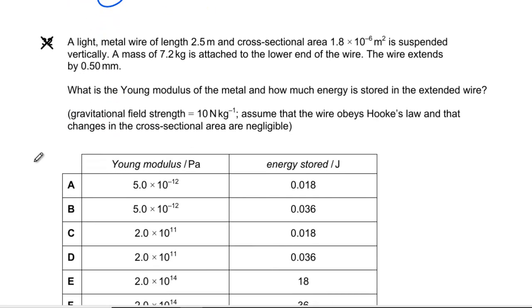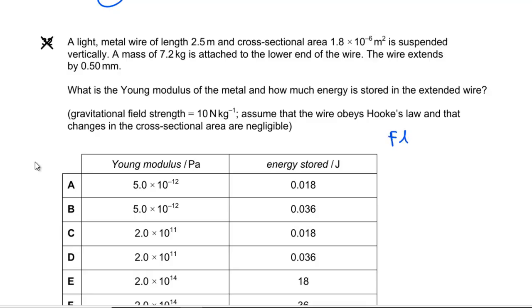Right. Light metal wire, length 2.5 meters, cross-sectional area that, suspended. This is going to be, oh yeah, Young's modulus. I thought it was going to be resistivity, but it's Young's modulus. Okay, we're stretching it by that amount. So what do we need? We need to get what Young's modulus is and how much energy is in the wire.